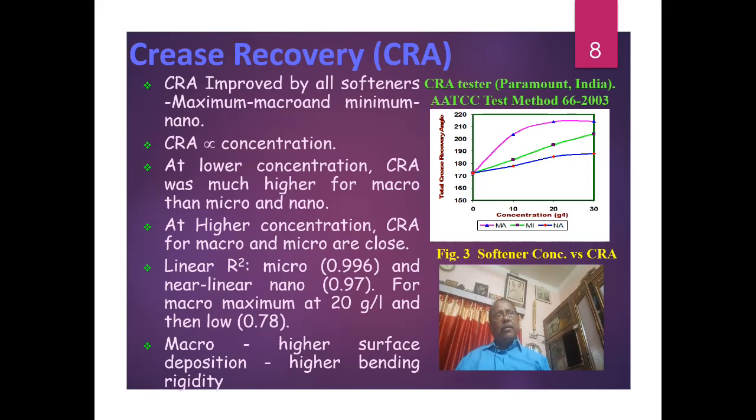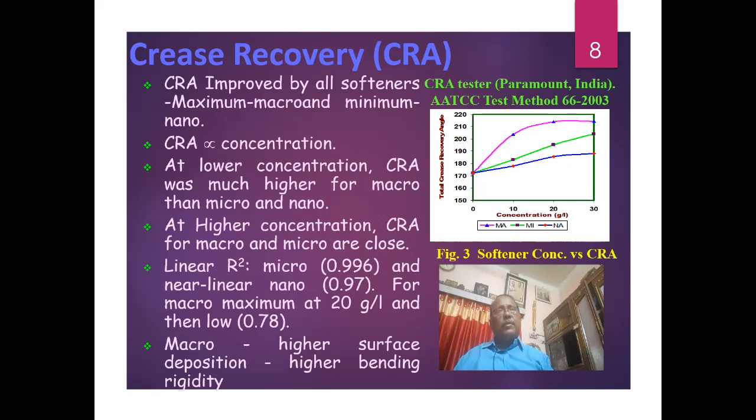In case of micro, coefficient of correlation was 0.996 and near linear. In case of nano, it is 0.97. For macro, maximum crease recovery angle was obtained at 20 grams per liter concentration of the softener, and then it lowers down.